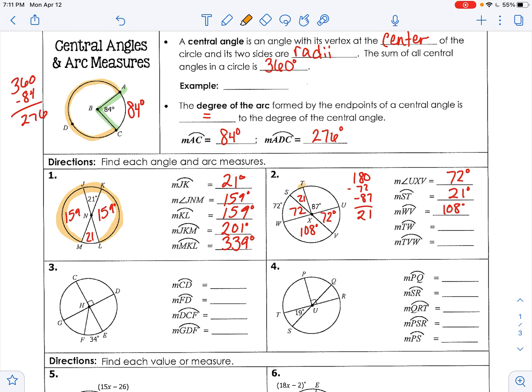TW would be 93. And then TVW, I took 87 plus 72 plus 108, would be 267.